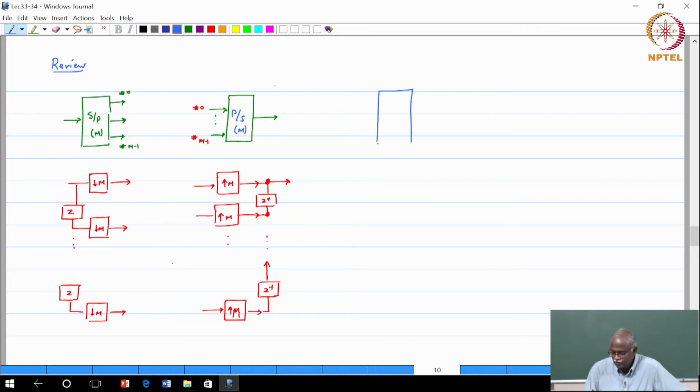The result was, if I have a serial to parallel converter of dimension m, that means I will get these parallel lines, and then I pass this through a parallel, I should do the other way, I am sorry. I need to do the parallel to serial converter.